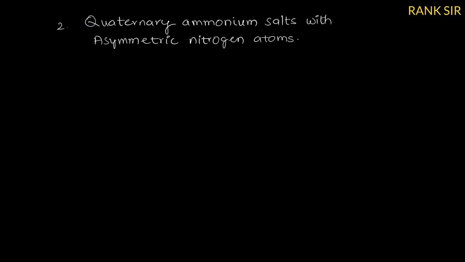Now, the next one is the quaternary amines, quaternary ammonium salts, that is, with an asymmetric nitrogen atom, can be resolved. So, which are resolvable? Chiral carbon amines can be resolved and quaternary ammonium salts can be resolved. Reason? This is an asymmetric nitrogen, meaning a nitrogen with different groups.